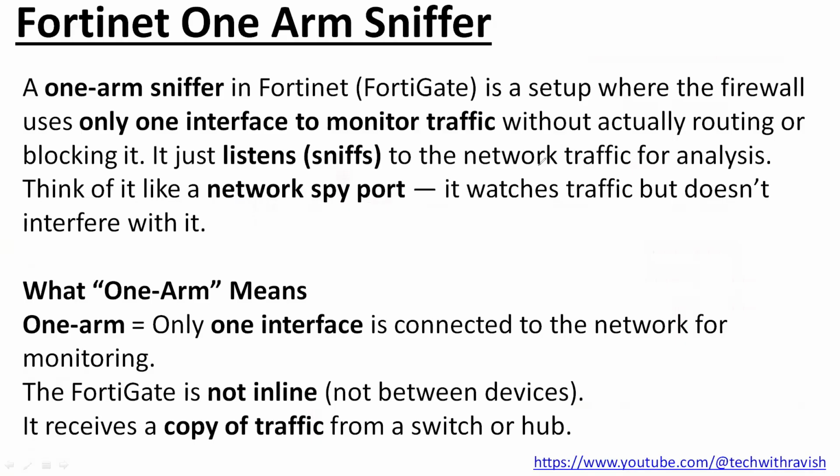A one arm sniffer is a setup where the firewall uses only one interface to monitor the traffic without actually routing or blocking it. It just listens, sniffs the network traffic for analysis. Think of it like a network spy port. It watches the traffic but doesn't interfere with it.